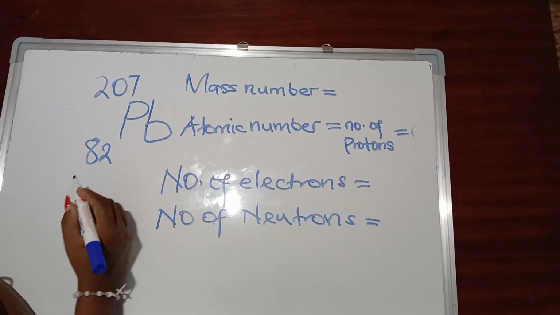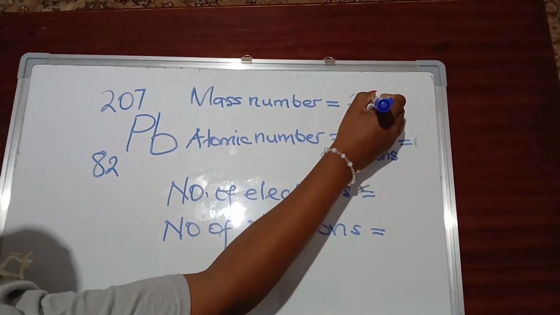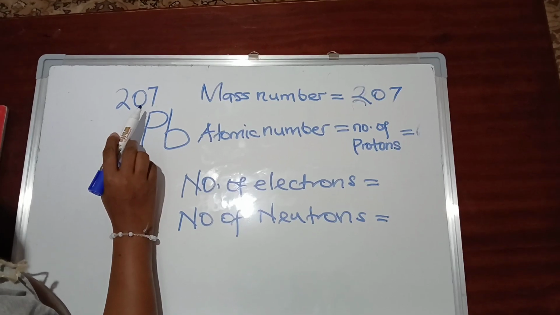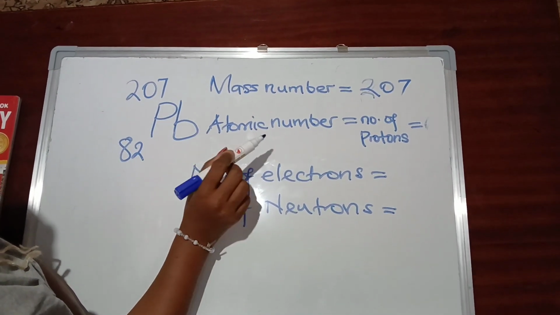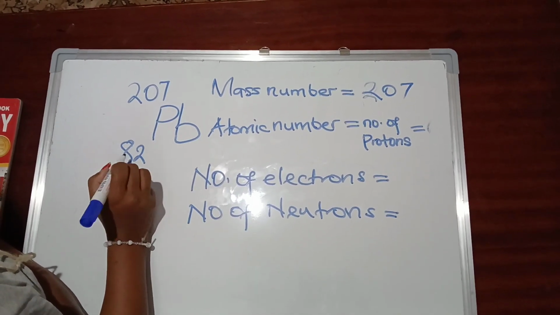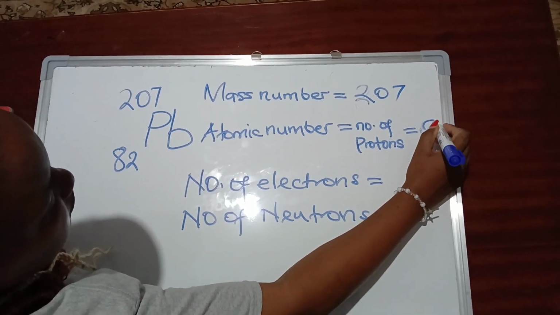In lead, the mass number is 207 because we have said the mass number is usually written as a superscript on the left-hand side of the chemical symbol. Atomic number is going to be equal to 82, which is the number of protons.